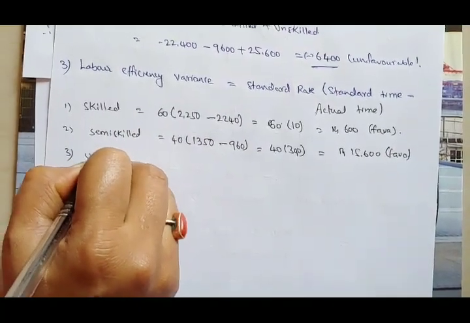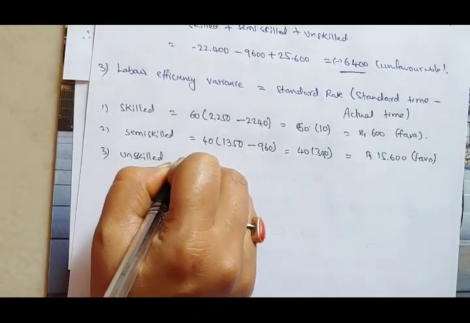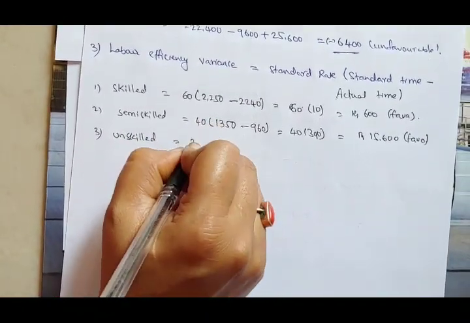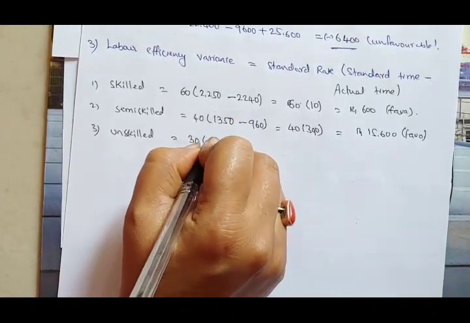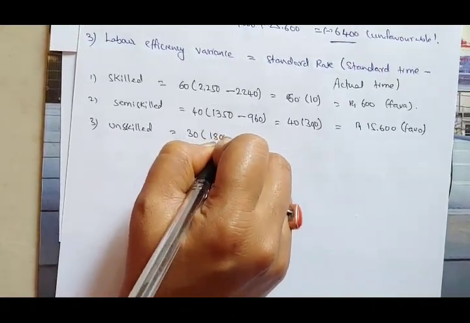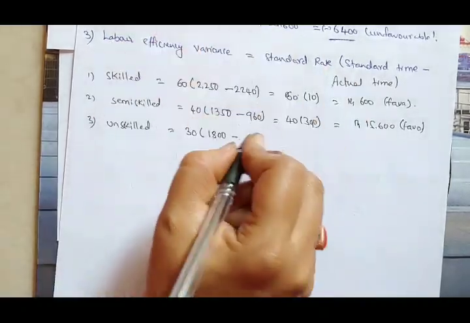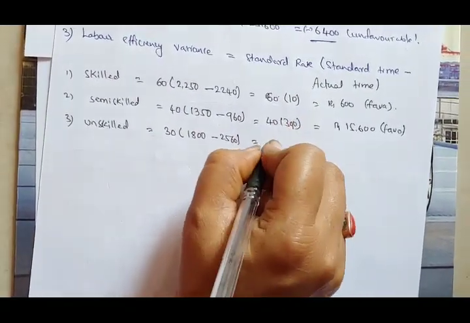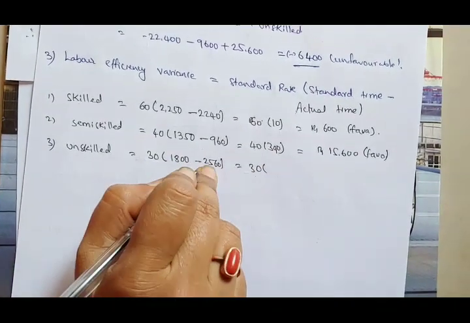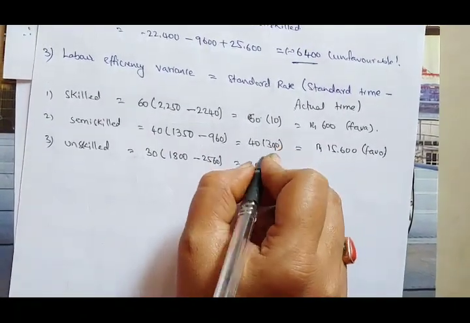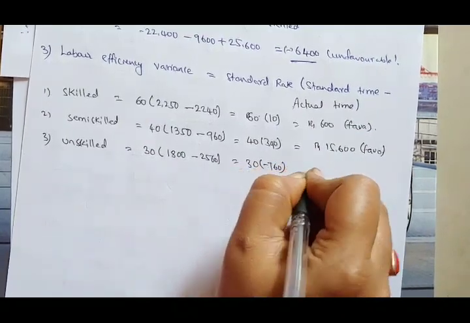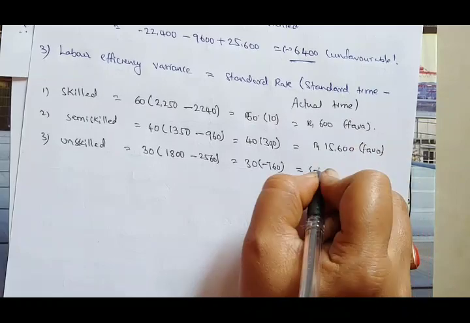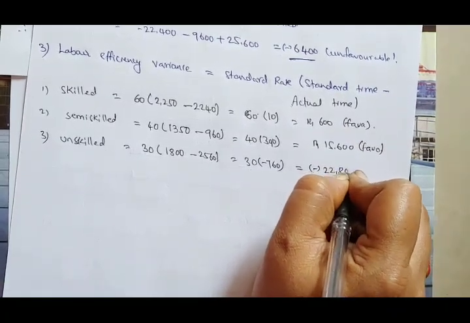Next, unskilled. Standard rate is 30 rupees into standard time 1,800 minus actual time 2,560, equal to 30 into minus 760, equal to minus 22,800.